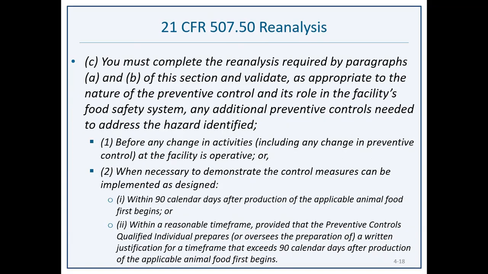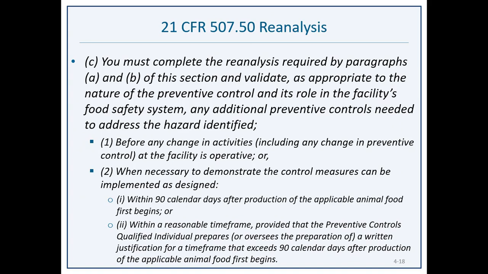Okay, if you are going to change something in your facility or you know something's coming down the pipeline that might prompt a reanalysis, we are recommending, or FDA is recommending, that you do the reanalysis before you start implementing those changes. So if you know you're getting a new piece of equipment, for example, you should do the reanalysis process, do the validation process, all of those steps that we do in implementing a preventive control or even just any part of the food safety system before you actually start manufacturing feed with that process.